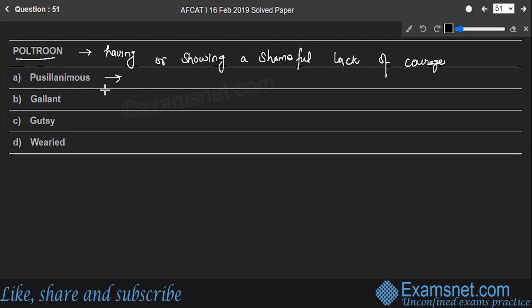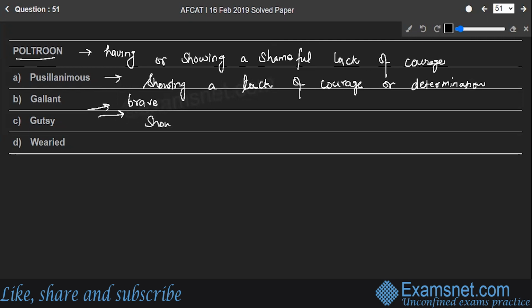Then, the first option is pusillanimous. It means showing a lack of courage again, or determination. Then is the word gallant. Gallant means brave.